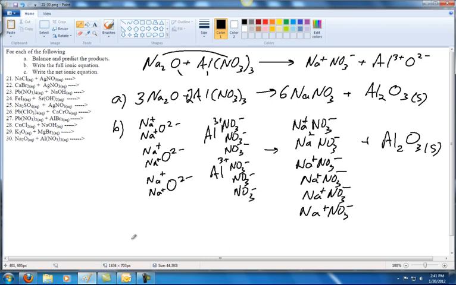So counting up everything and figuring out our full ionic equation, we've got 6 Na pluses here. Just count them up. We've got 3 O2 minuses here, we've got 2 aluminums here, and we've got 6 nitrates over here.